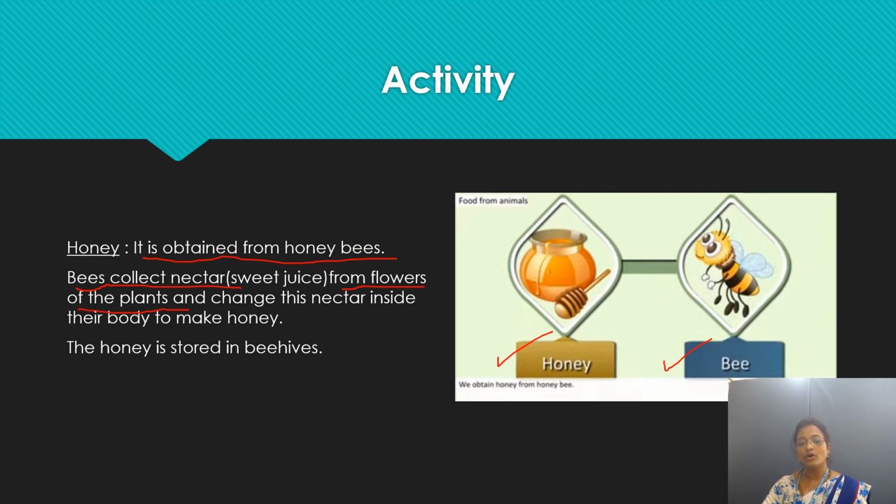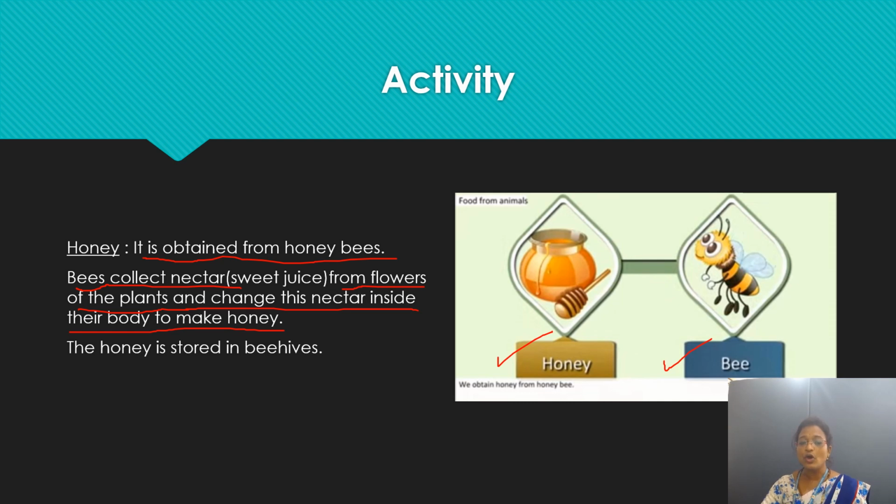What will the bees do? Bees will suck the nectar from the flowers of the plants.